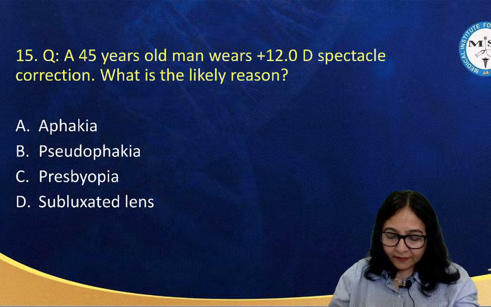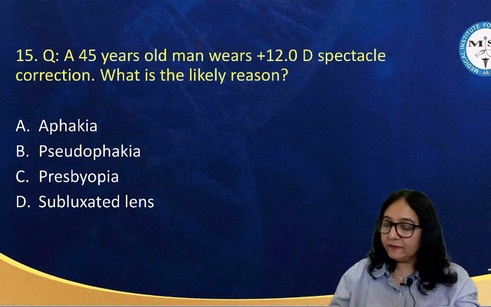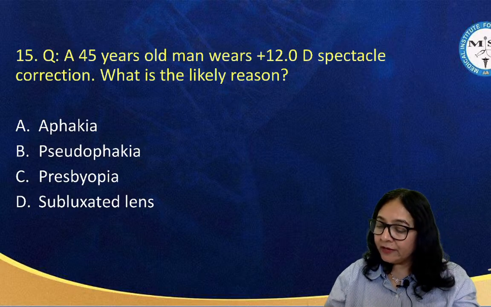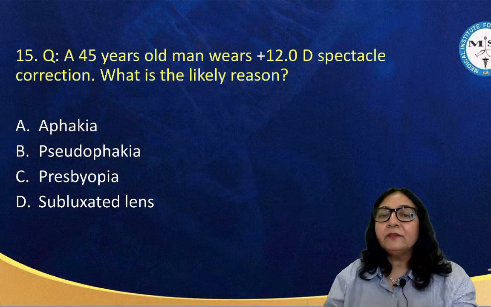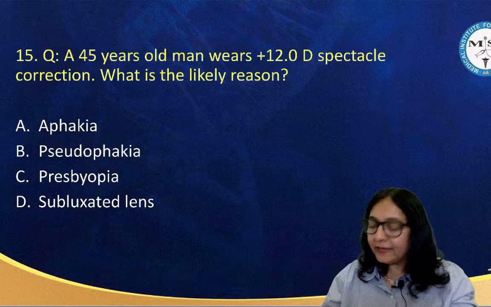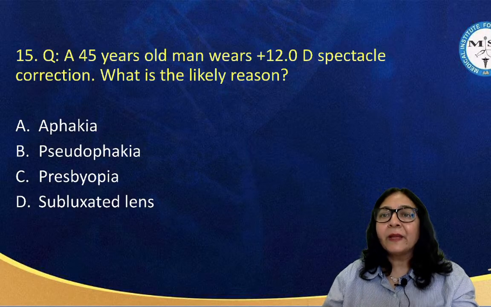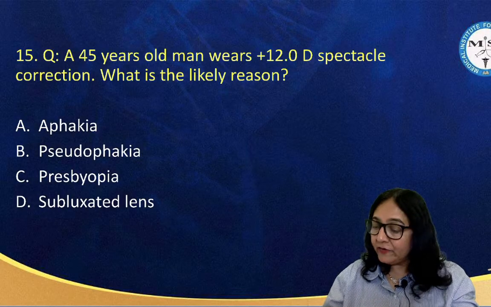And then another question which was there, as you were discussing with me about aphakia, was that a man is wearing plus 12 diopter or plus 11 diopter of glasses, spectacle correction, what is the likely reason?